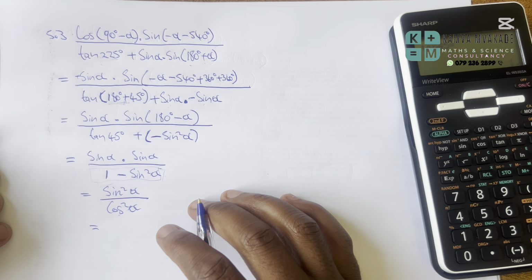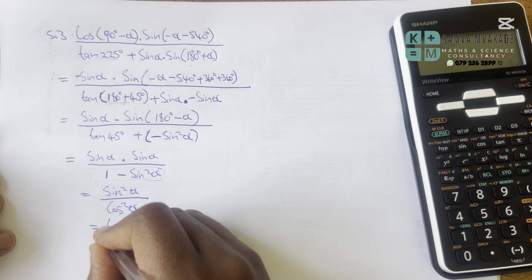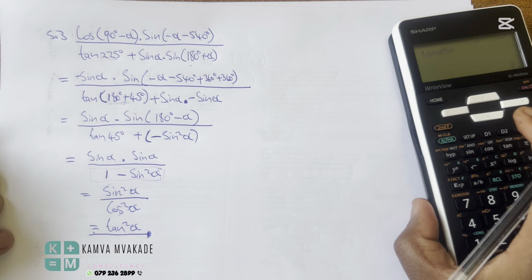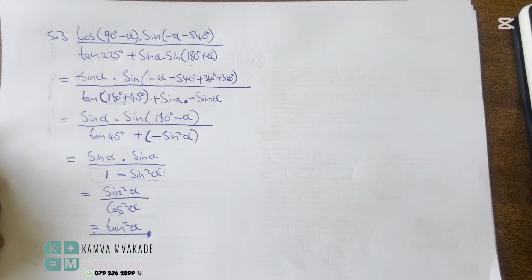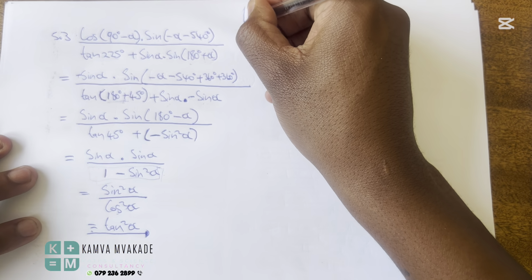So this is going to give us tan squared alpha. So we managed to simplify this one, 5.5.3. Good.